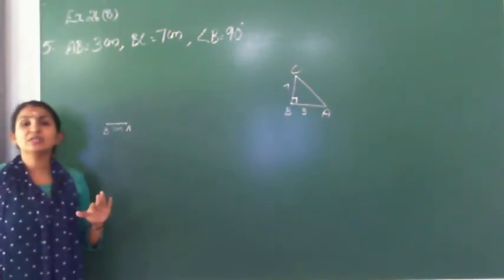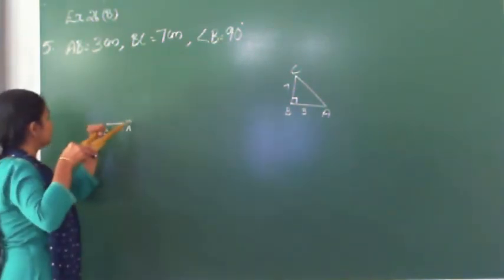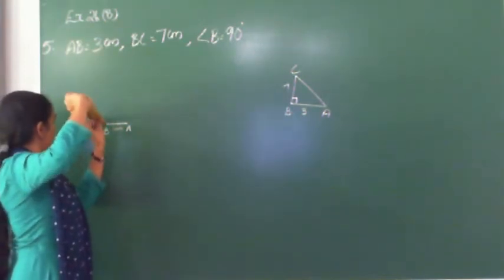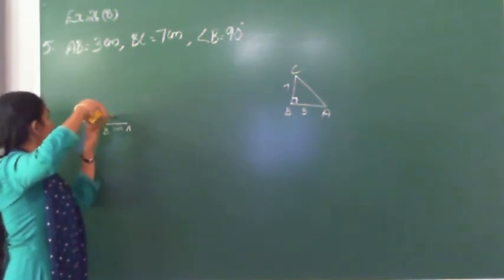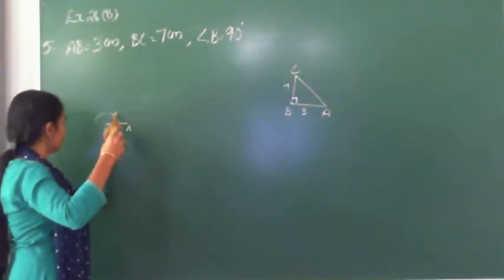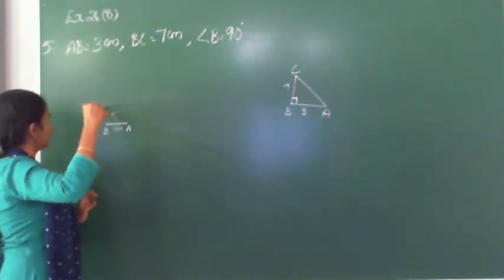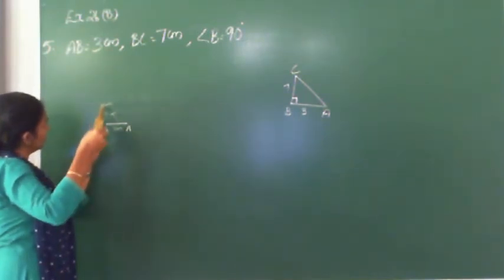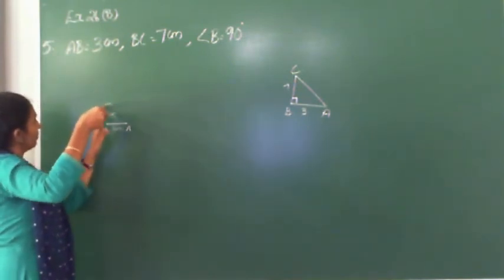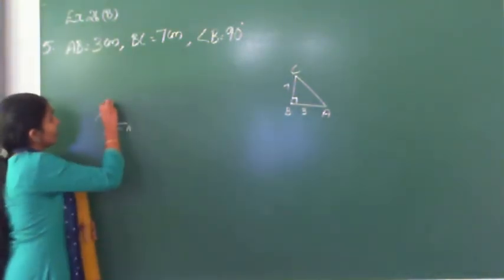So after this we are going to construct 90 degree at B. I constructed 90 degree here, we got the point.